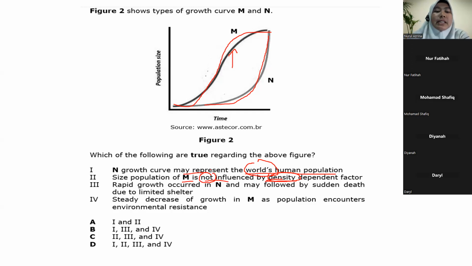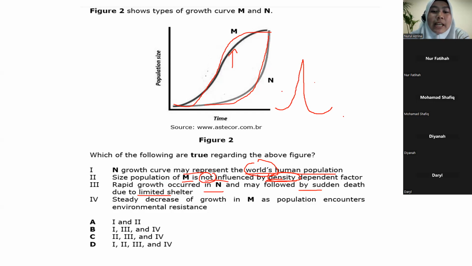Okay, right. Three. Rapid growth occurs in N and may be followed by a sudden death due to limited shelter. So this is boom and bust. Remember, the J shape can happen like boom and bust.